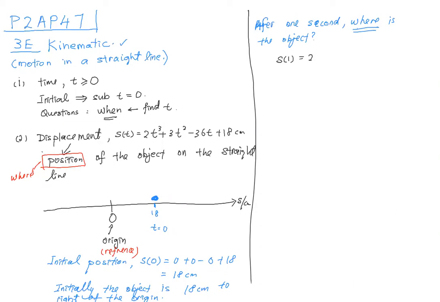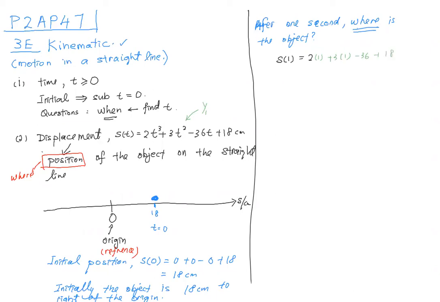When you have your graphic calculator, straight away key this into Y1. You have your graphic calculator with you? Key into Y1: 2 times 1 cubed plus 3 times 1 squared minus 36 times 1 plus 18.